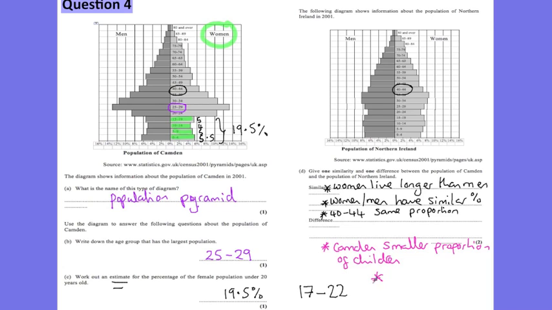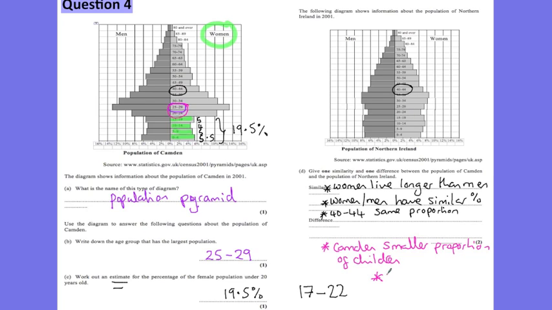A further thing that you will notice when you look at Camden, there's a greater proportion of 20 to 30-year-olds compared to any other age group. When we look here from 20 to 30, it's much, much larger than it is in Northern Ireland.